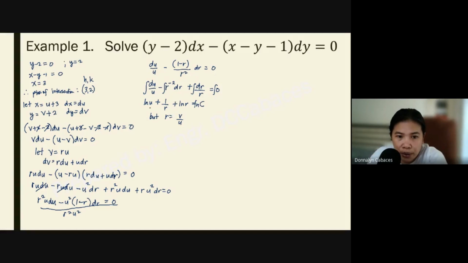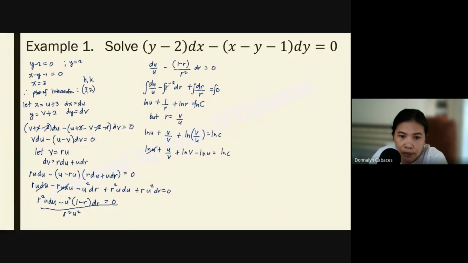Then we substitute ln of u plus 1 over r, so 1 over v over u, so that is u over v, plus our ln of r, which is ln of v over u, is equal to ln of c. Applying the property of ln, this is u over v plus, this is now the ln of the difference, ln of v minus ln of u, is equal to ln of c.